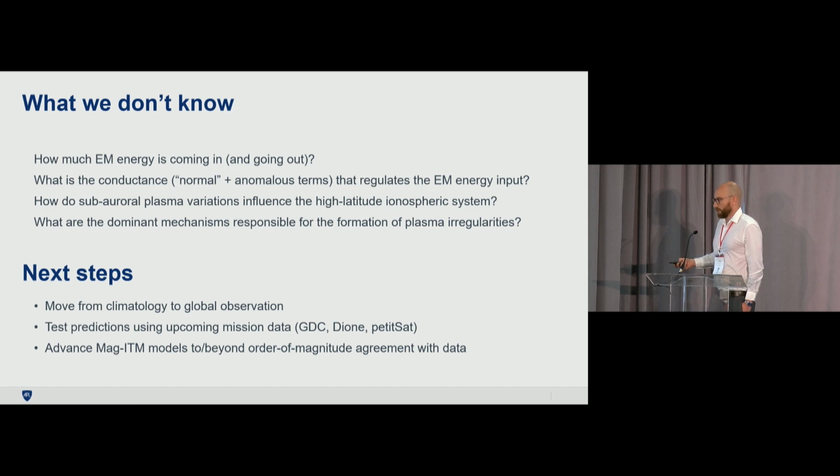We've got a number of exciting missions coming up with E-field measurements on them. If you have E and delta B, you can do this kind of science. And some of these MAG-ITM models are just starting to get to the point where we might be able to rely on them. So that's kind of what we've had over the last couple of years.